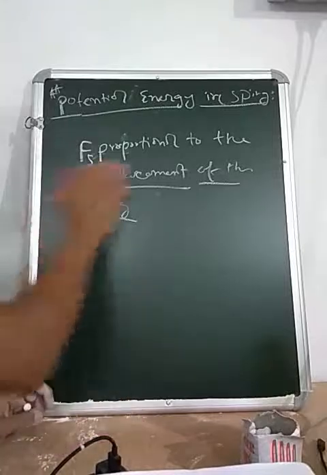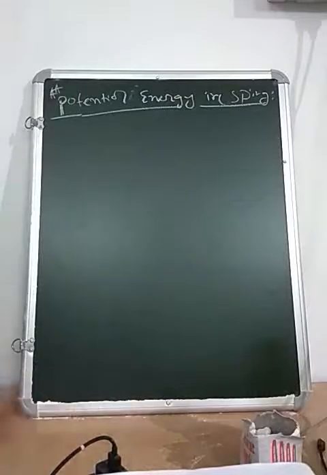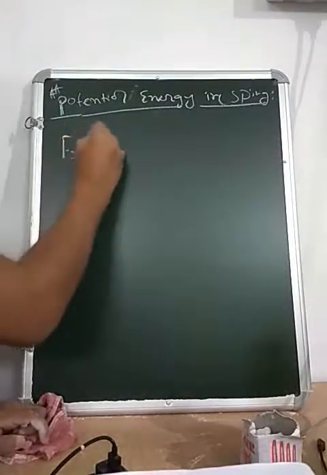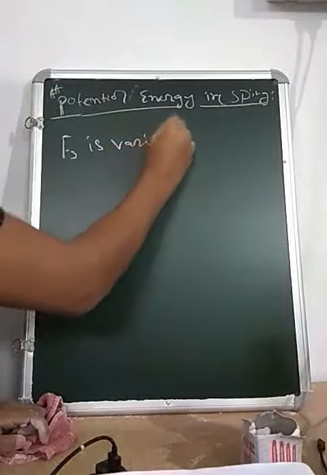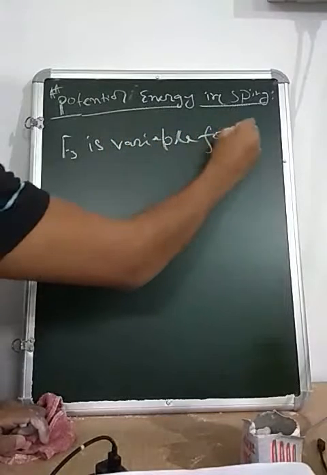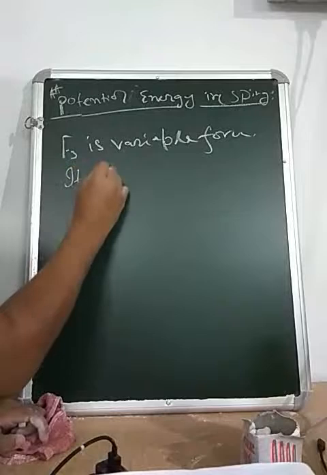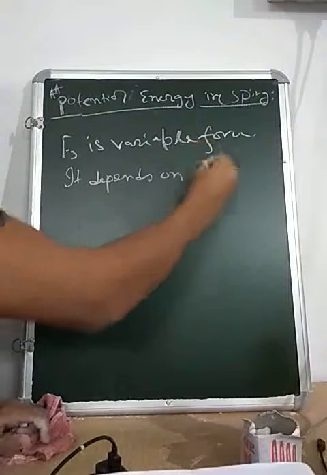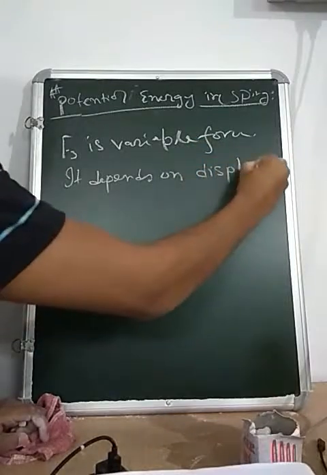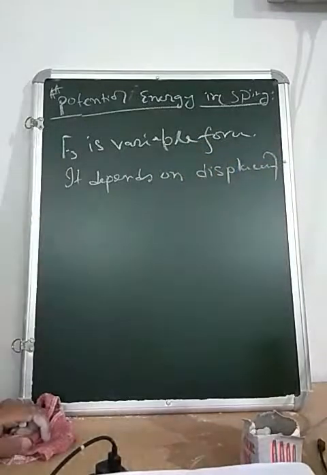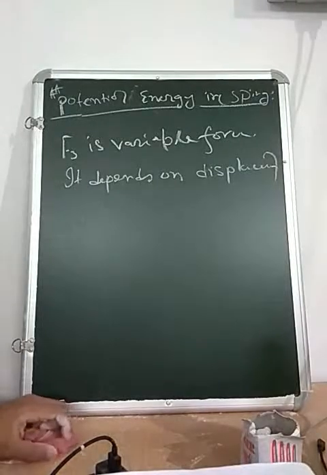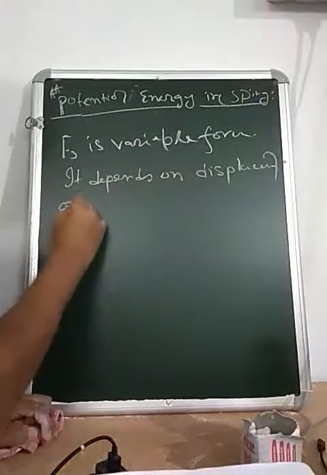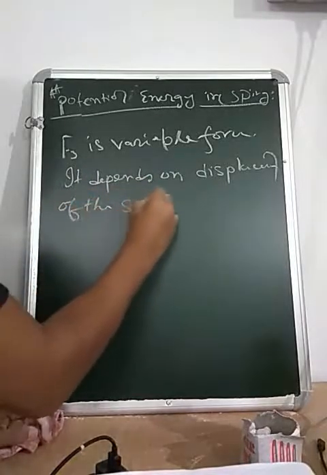Now, what is the spring force? It is a variable force. Spring force Fs is a variable force, not a constant force, and it depends on the displacement of the spring.